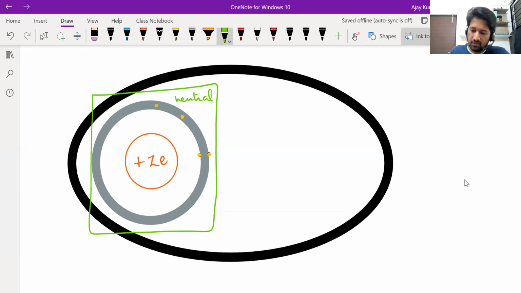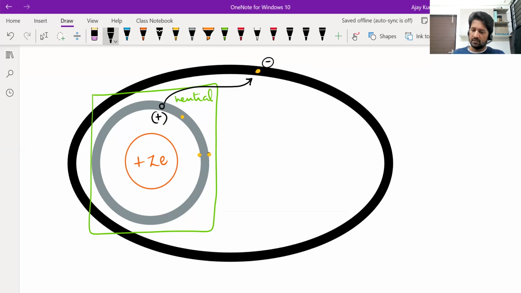But if one of these electrons jumps off into the conduction band, leaving a gap here, it is free to roam around and won't stay around that nucleus anymore. Earlier, that atom was neutral. But when an electron goes away, the negative charge is gone. Then there will be a net positive charge in this region, and negative charge will be roaming around.